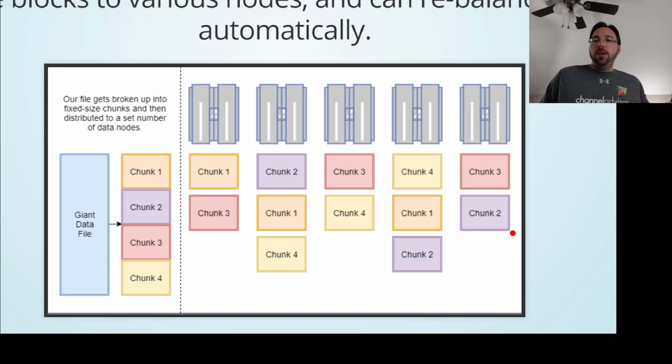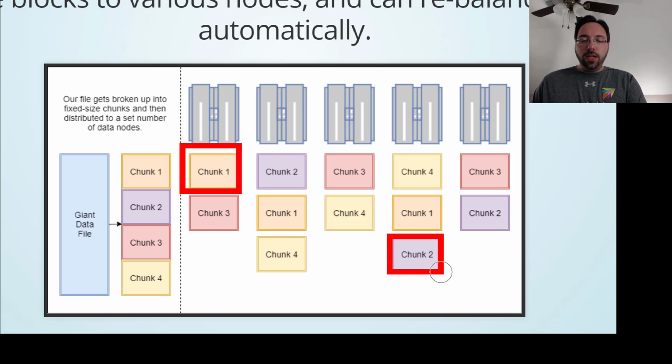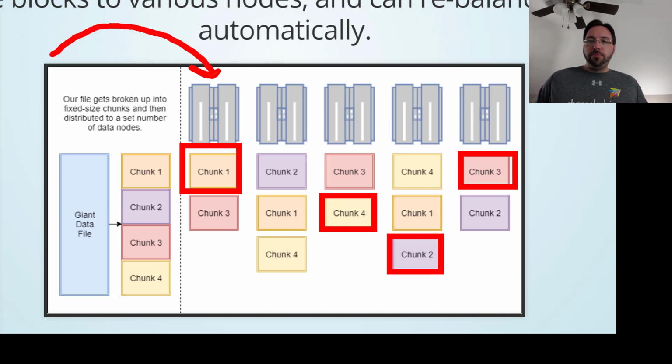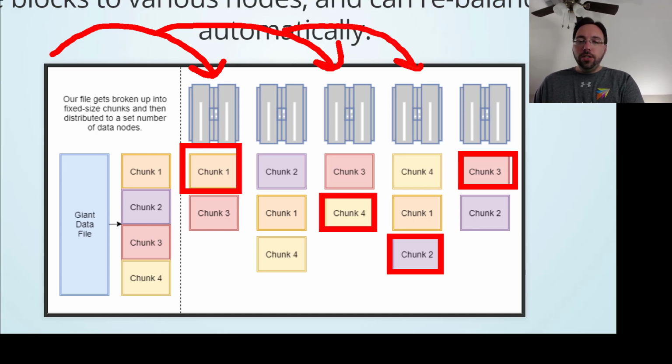That way, when a request comes in from the name node that says, hey, I need to process giant data file with some code, the name node can realize that, well, chunk 1 is over here, and we're going to get chunk 2 from here, we're going to get chunk 3 from here, and we'll get chunk 4 from here. And then the name node can pass in that code to each of the servers that are receiving.